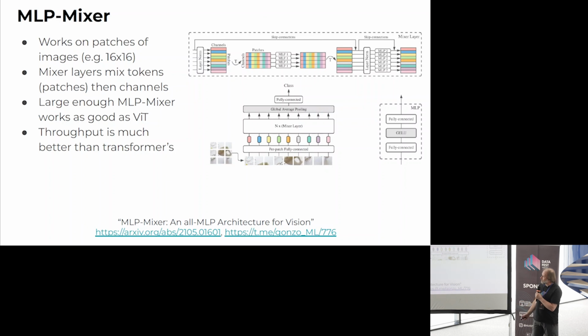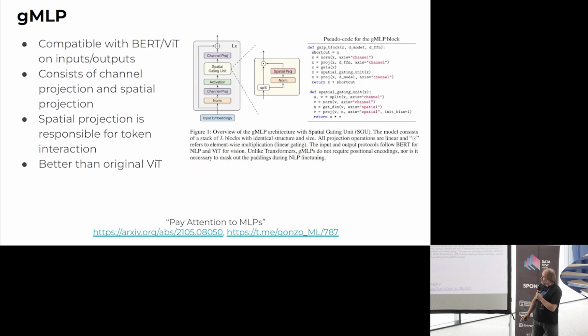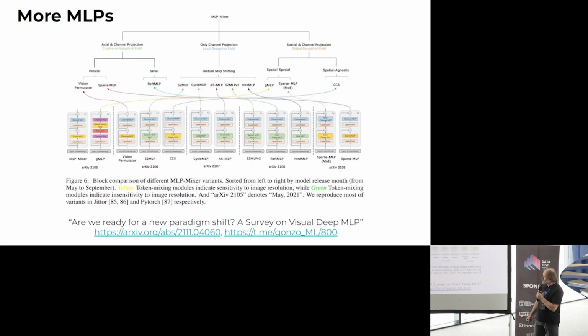And then a lot of other papers emerged. gMLP, almost the same as MLP-Mixer, emerged maybe a week later and proposes a similar thing. Another work, just several months later, describes all the variety of different MLPs that are used for image processing and other tasks.